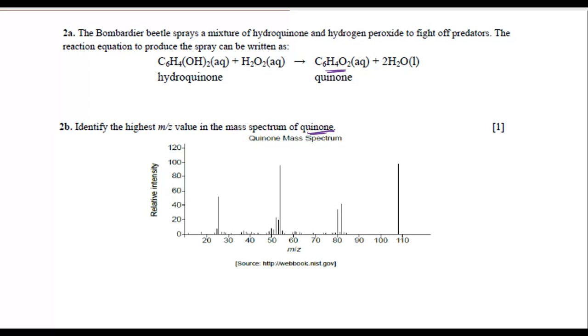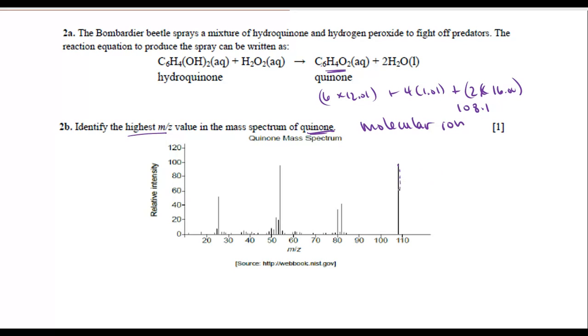So again, the highest is going to be the molecular ion. But let's make sure just in case. So for this guy, I've got 6 carbons plus 4 hydrogens plus 2 oxygens. And that total molar mass is 108.1 grams per mole.